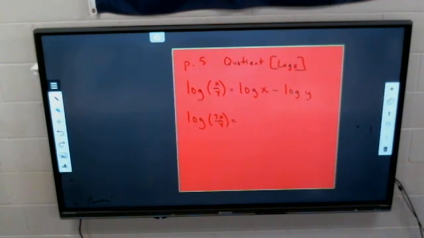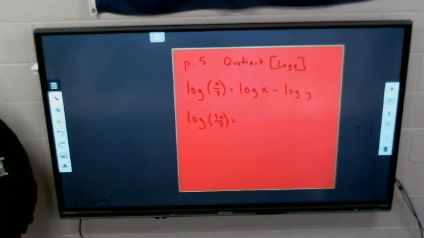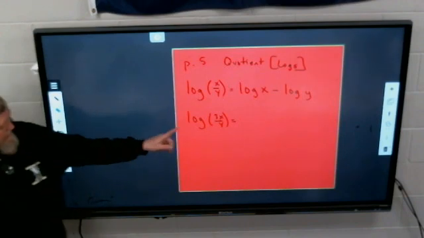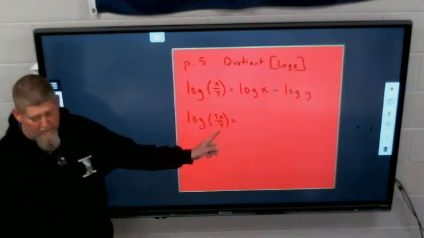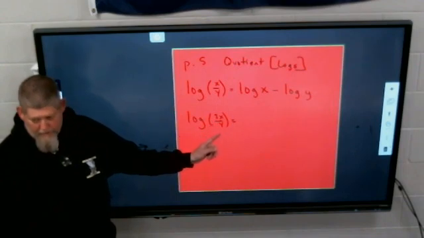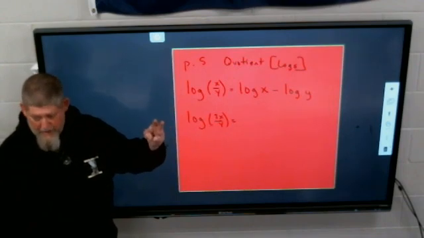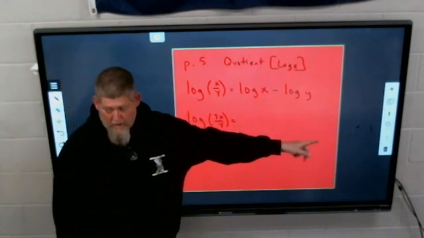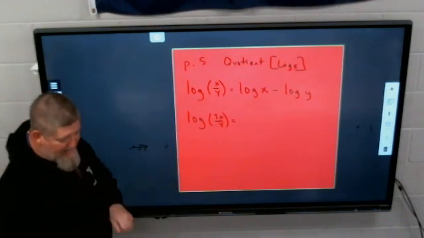So, how many terms do I have inside this argument? I have 3, right? 3, x, and y. So how many times will I write the word log? 3 times. So if you haven't, go back and fix it.